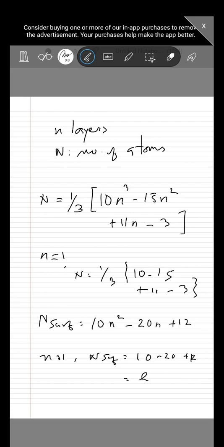And here we get 1/3 into 21 minus 18, that is approximately 1. So 1 plus 2 becomes 3.